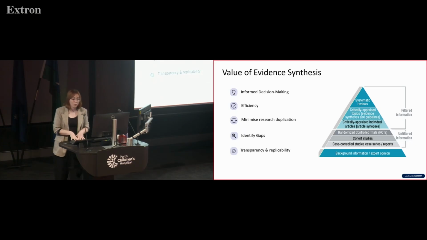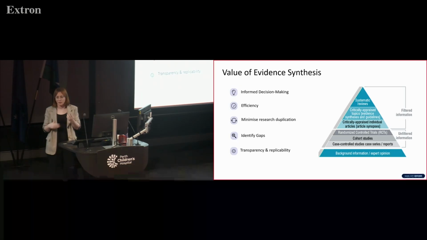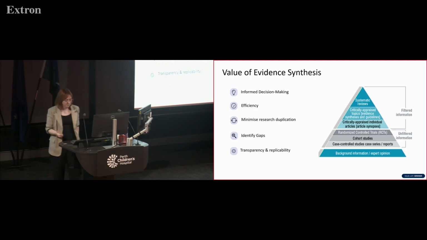Therefore, a robust, comprehensive search provides you with the basis for a really good and valid review. And these are things that you just need to think about when it comes to conducting your own evidence synthesis. So will your search stand up to critical appraisal? And to ensure that your evidence synthesis is useful and valid, there are some other things that you need to take into consideration also.